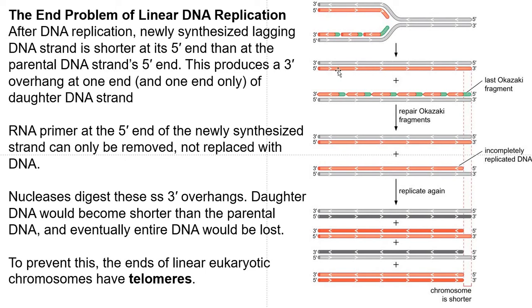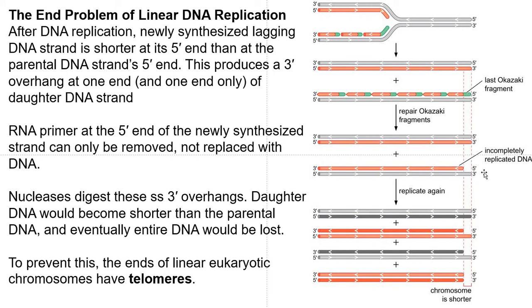So here, with the leading strand, there is no problem. It's completely synthesized. But with the lagging strand, this last fragment is hard to form, because this is the RNA primer, and once you remove this RNA primer, there is no other sequence to attach to.